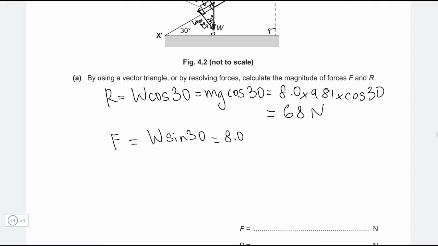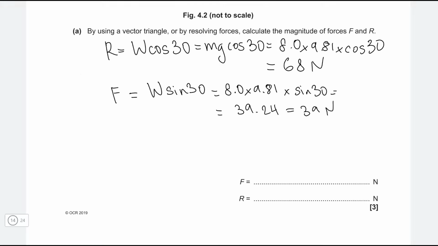That's going to be 8.0 times 9.81 multiplied by essentially a half, which is the sine of 30. Putting that into a calculator, we get 39.24, which we're going to leave as 39 newtons to two significant figures. So let's get this right: F is 39 and R is 68 newtons.